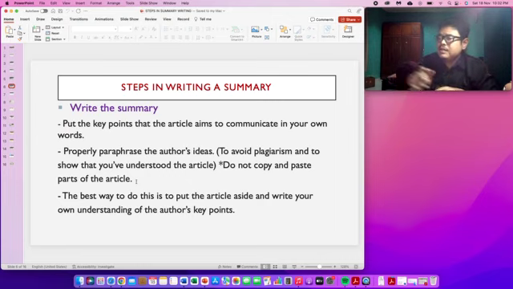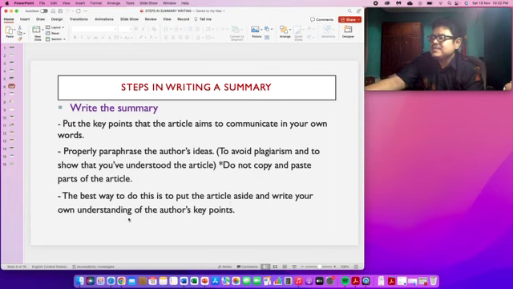The best way to do this is to put the article aside and write your own understanding of the author's key points. One technique that I always use when I write a summary or paraphrase is I would read it, go through it once, and then I would try to remember the key points.